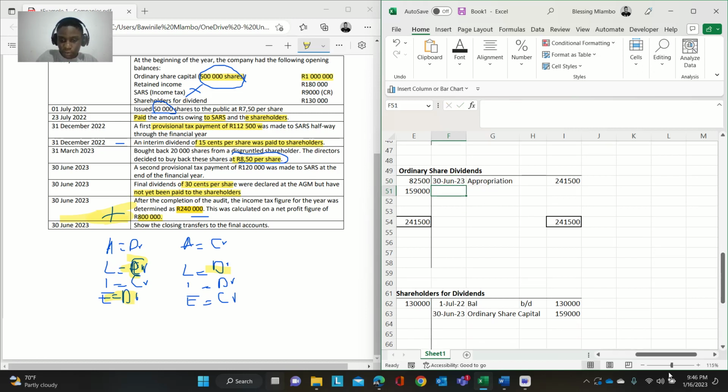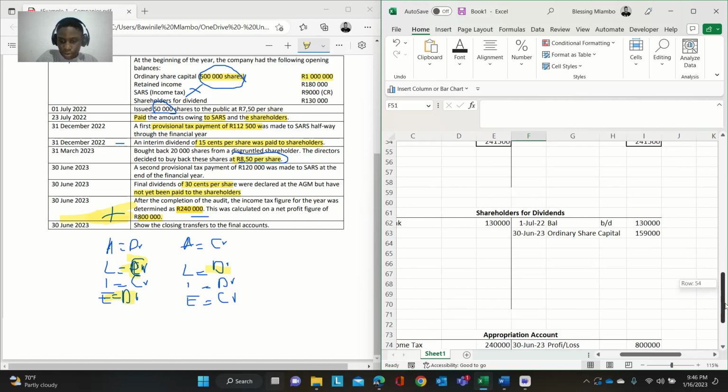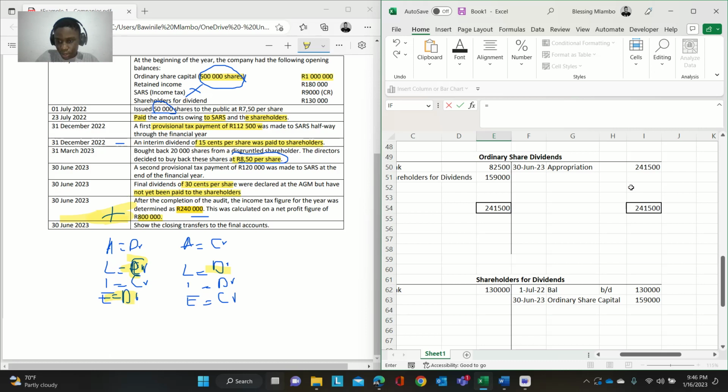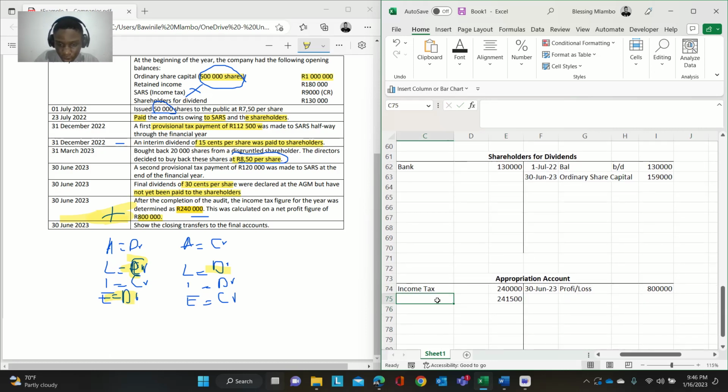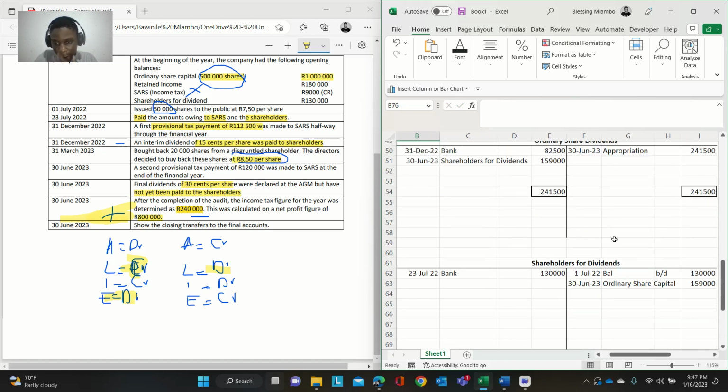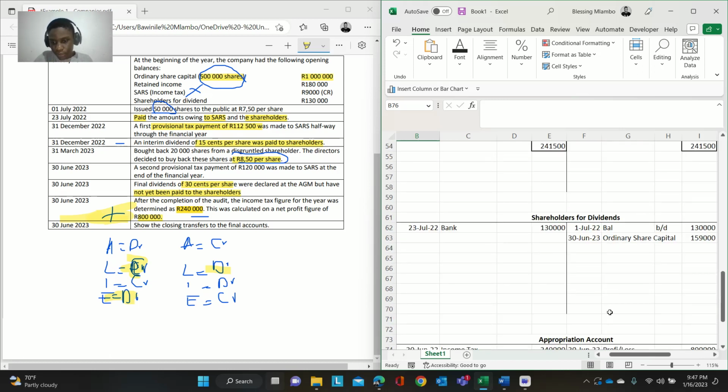So it's going to be left with a balance of 0. And then in the appropriation account, we take this amount, and this is from ordinary share dividends, and this is from the 30th of June 2023, right?